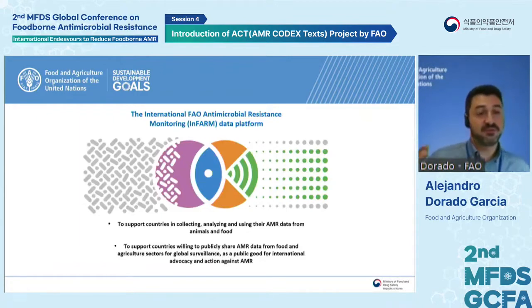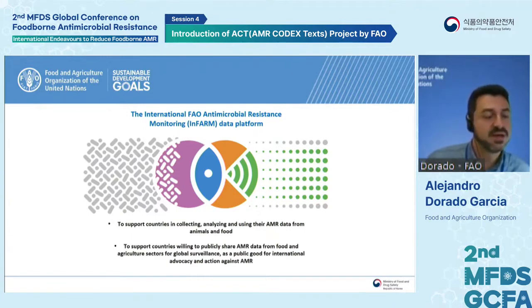With the purpose of covering this mandate of FAO, and also covering the information gap, we have initiated the development of the International FAO Antimicrobial Resistance Monitoring, the InFARM data platform. This platform is currently in the development phase. We are going to initiate the testing of the first prototype very soon, and maybe in a couple of weeks we will have finalized internal testing, and countries will be able to start sharing their data and testing the functionalities of the platform to give us feedback so that we can refine the platform.